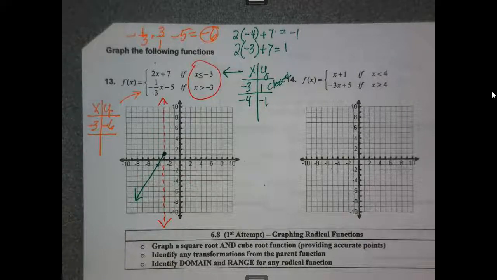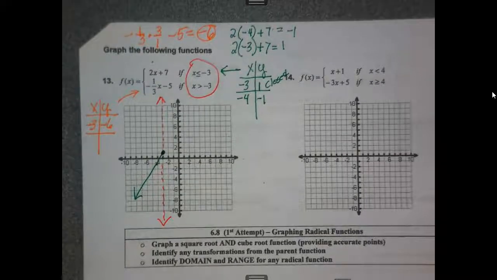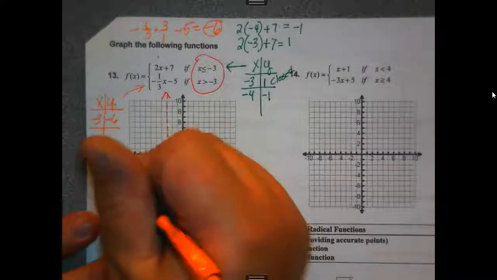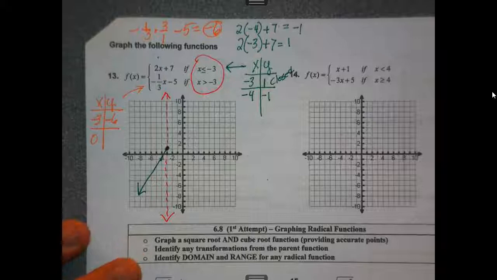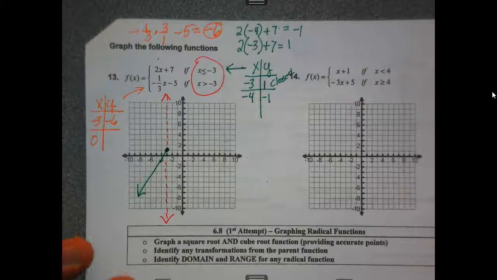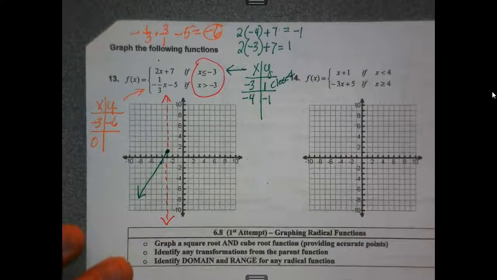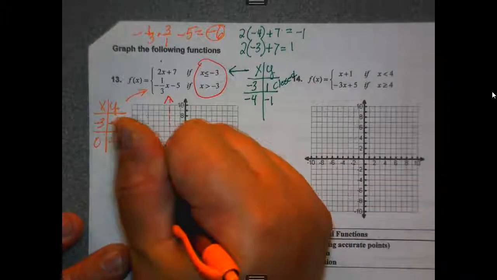Greater than negative 3. What would be a good number to use? I'm going to use 0. 0 times any fraction is 0. Minus 5, negative 5.